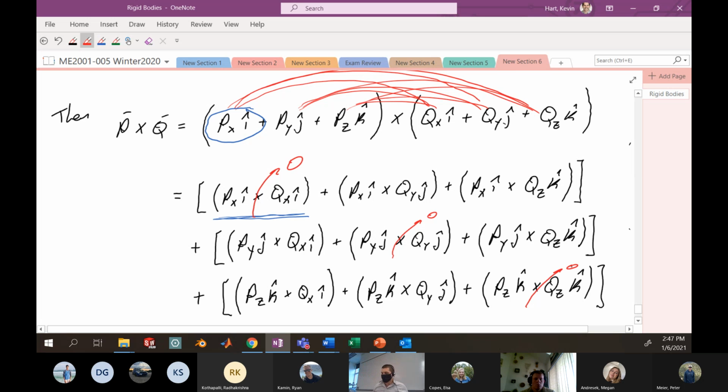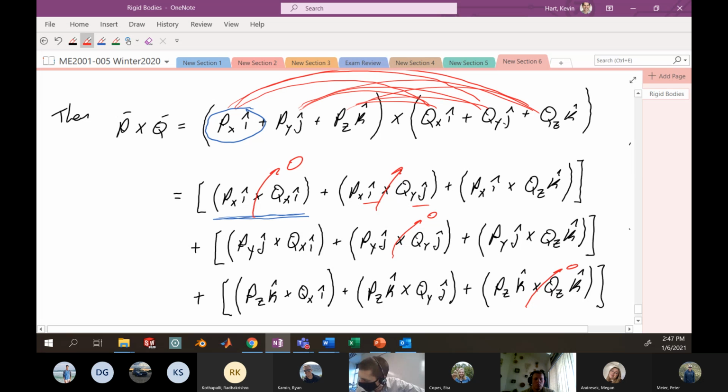We can also look at the other components in this fully expanded cross product and see, let's look at this guy, for example. You have some component of the vector P in the i hat crossed with some component of the vector Q in the j hat. And so if we have some component in i crossing with some component in j, that i cross j will give me some resultant in the positive k direction, by your circle of ijk.